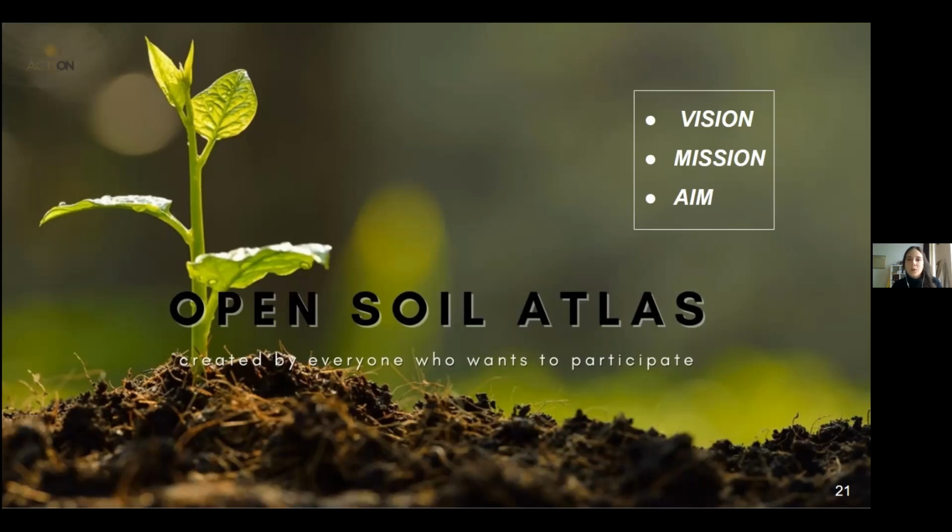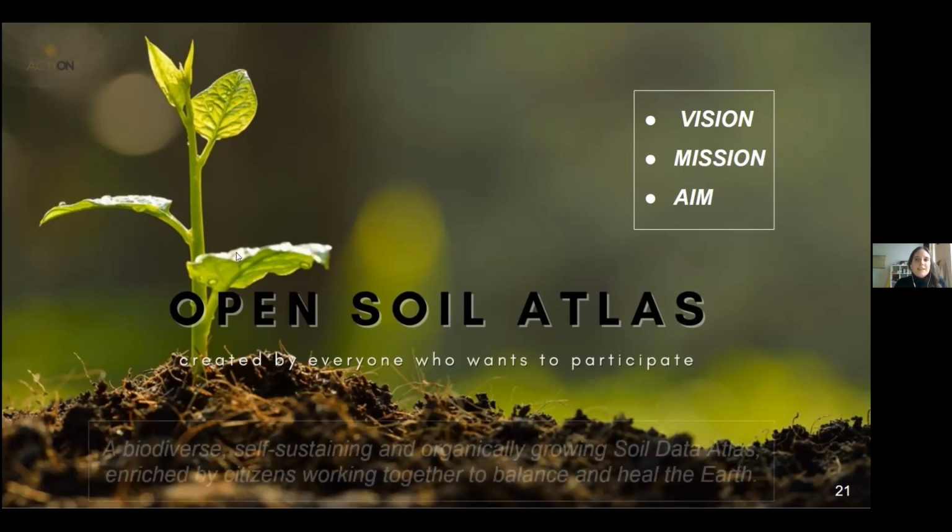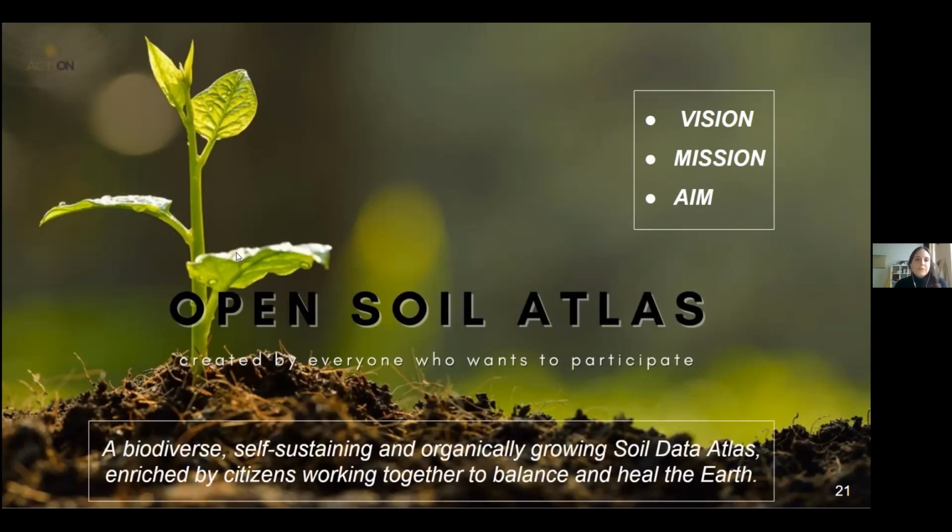What is our overall strategy to see a realization of our mission? What we want to do is to create a biodiverse, self-sustaining and organically growing soil data atlas enriched by citizens working together to balance and heal the earth.